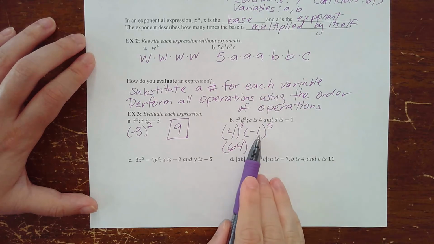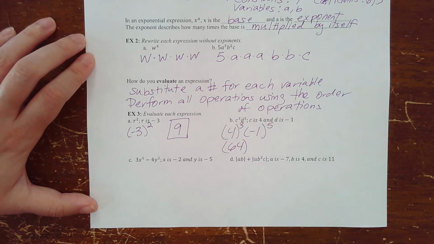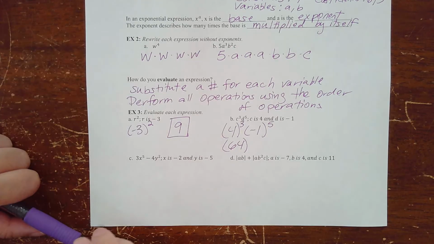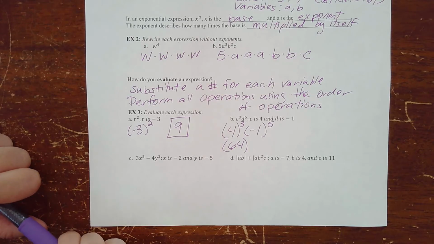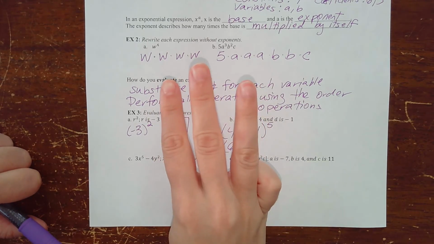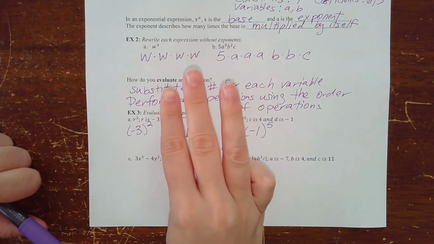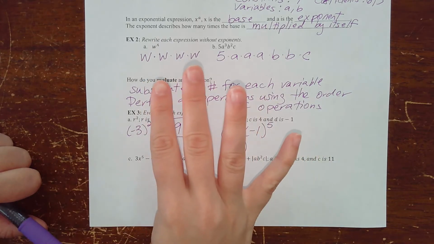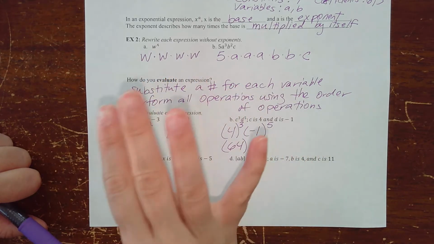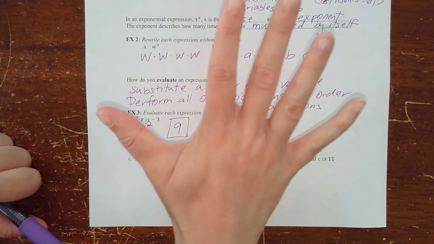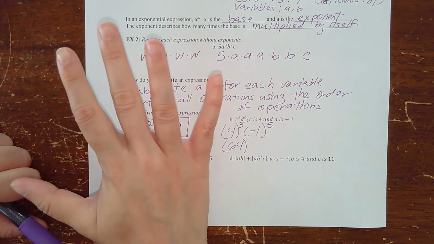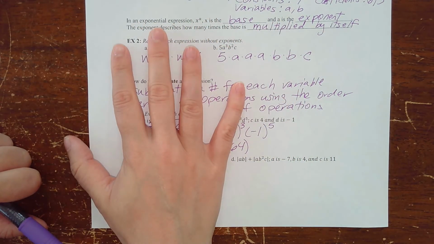Then I'm going to do negative 1 to the 5th, so that's negative 1 times negative 1. So negative 1 times negative 1 would be positive 1, and then positive 1 times negative 1 would be negative 1, times negative 1 again would give you positive 1, and then positive 1 times negative 1 is negative 1.